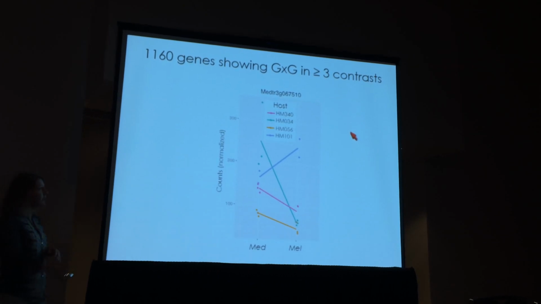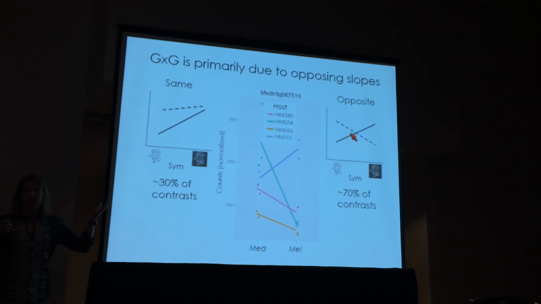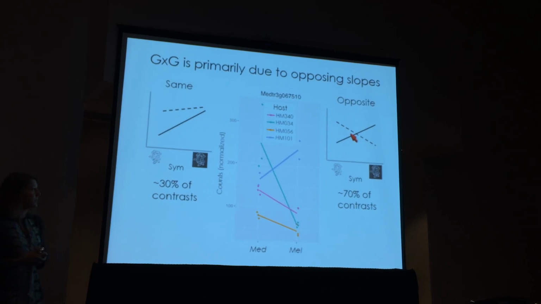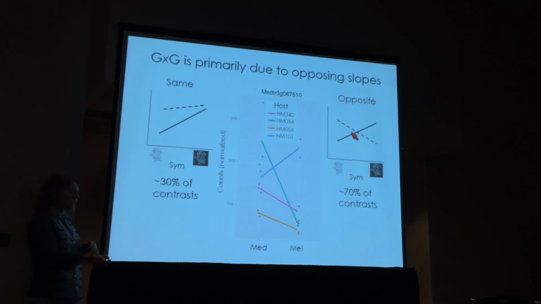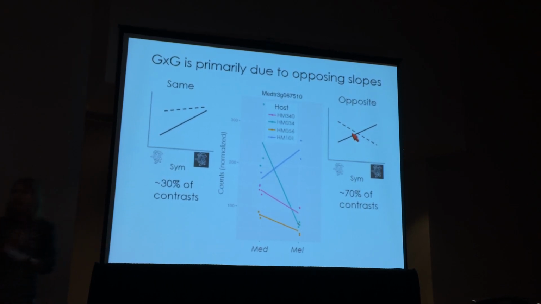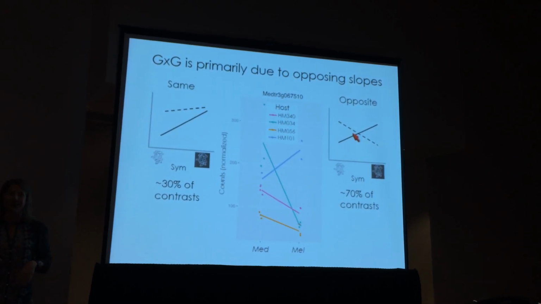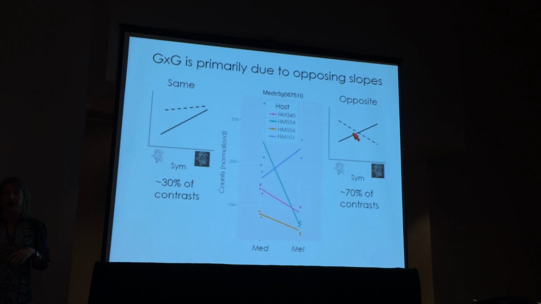And surprisingly to me, when I categorize these 1,100 genes according to these relationships, what we see is about 30% of our contrasts have that same slope and are just being upregulated in response, whereas 70% of them are actually showing completely different, like, opposite patterns of regulation in these different types of nodules.